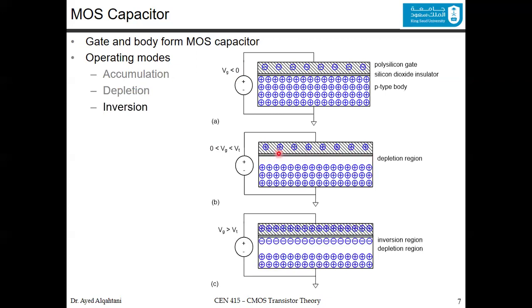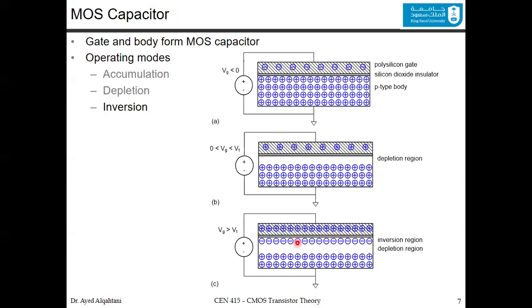Now, let's say that you applied more voltage, and now you are exceeding this threshold voltage, indicated by more positive charges in the polysilicon region. Now, you don't push the positive charges only, you also attract the negative charges from all over the body to the channel, because now the positive charges can attract the negative charges because they are enough or more than this V threshold.